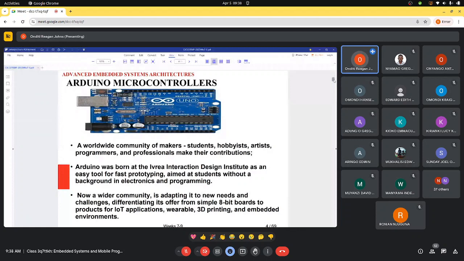So many people are coming in now to adapt to this microcontroller. This is because it has become one of the easiest and friendliest boards that can be utilized to implement a workable embedded system. And basically, this board gives us what we call a simple 8-bit interfacing.